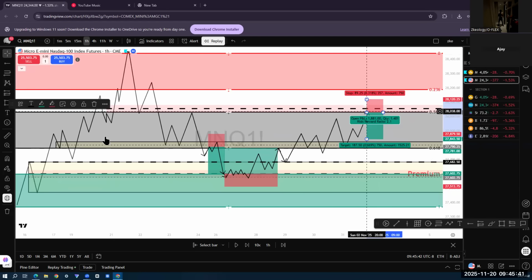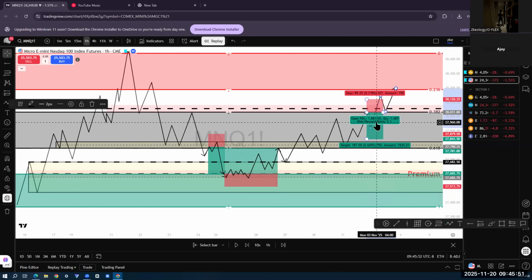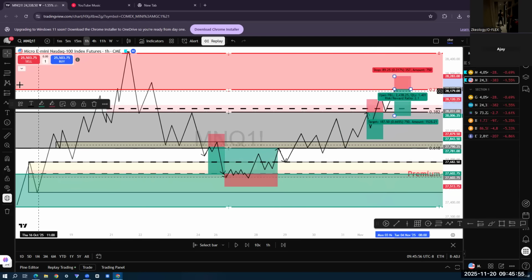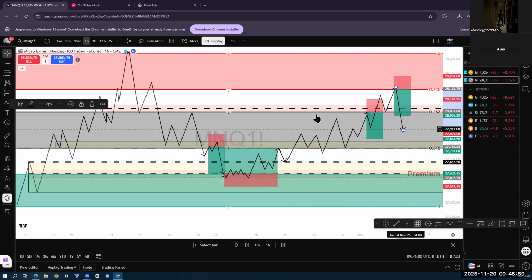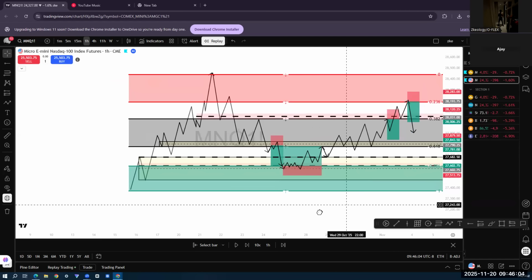And let's say we sell and we gain a little bit of profit, but price came down to the 50%, stopped us out, retested, came back up to the 786. What do we do at the 786? We sell. And then what does price do? Hit TP. And it's just a market cycle, over and over and over.